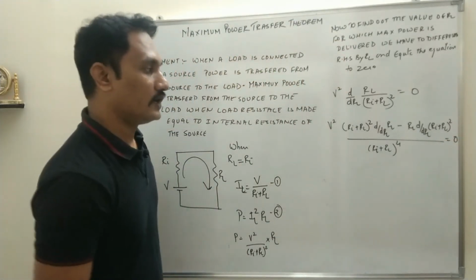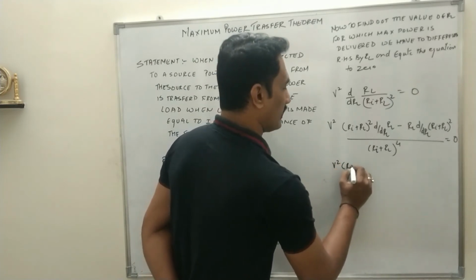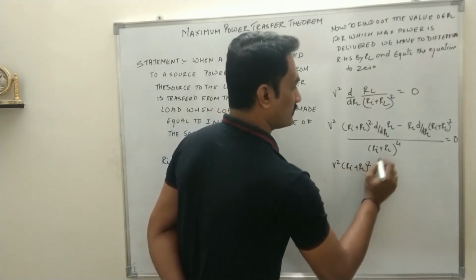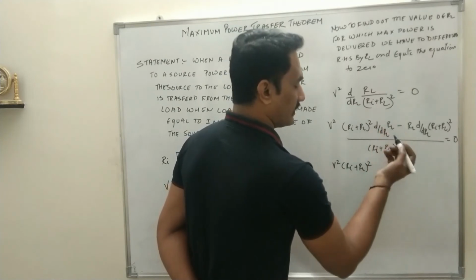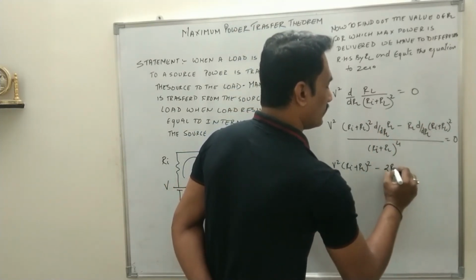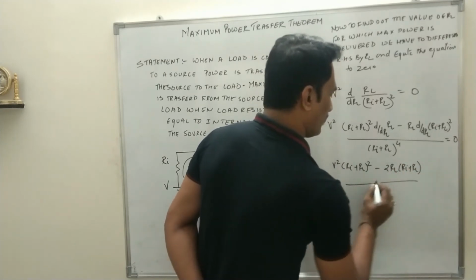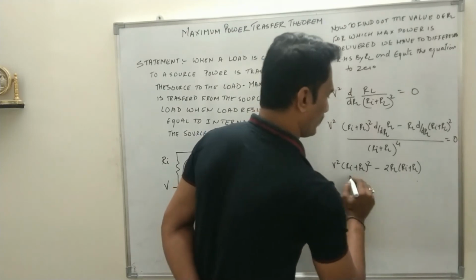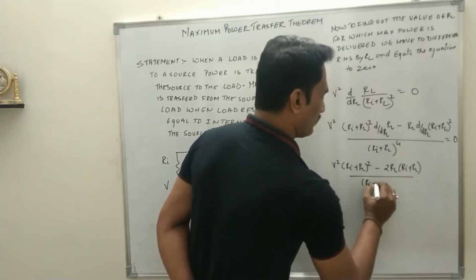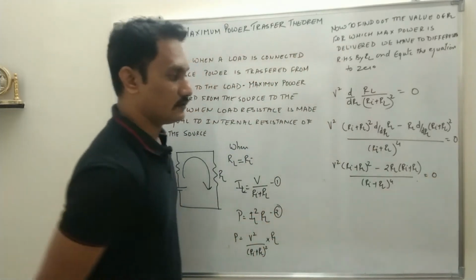So that is the formula, and this value will be again V square, (Ri plus RL) the whole square d/dRL of RL is 1, minus this will be 2 into RL (Ri plus RL), upon (Ri plus RL) raised to power 4 equals to 0.